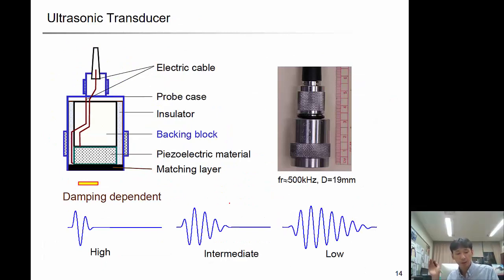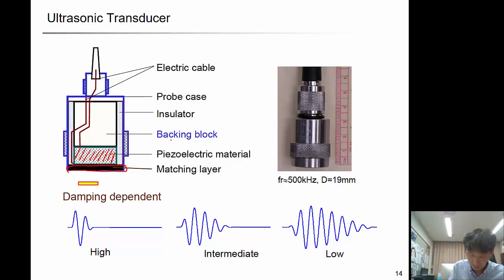Okay, now we're gonna see how the ultrasonic transducer works. Ultrasonic transducers generally have this kind of schematic. Firstly, you have a piezoelectric material, and there's some matching layer to generate the wave with some directivity and without losing energy.